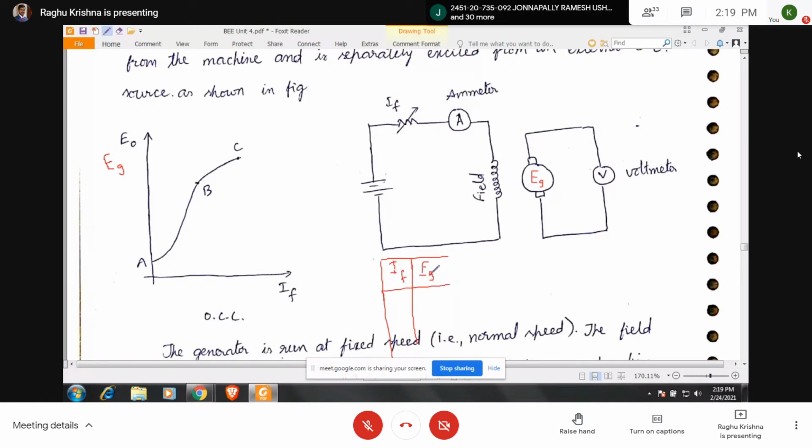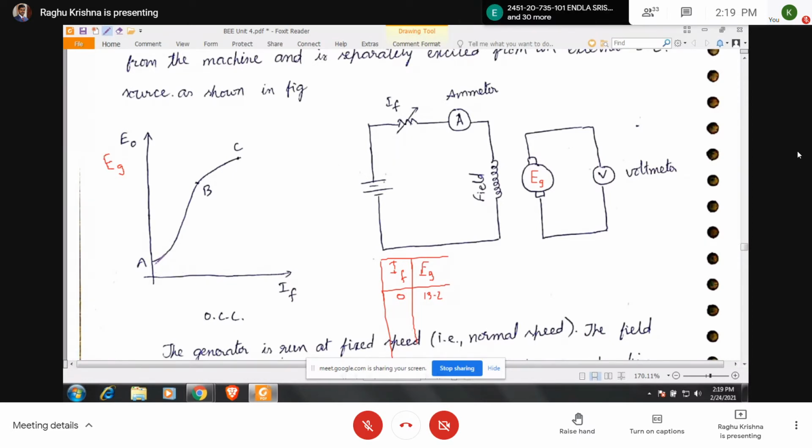For different values of IF, first IF equal to 0, you are going to get some small voltage, let us say 13.2 volts. Even if IF equal to 0, there will be some voltage induced.